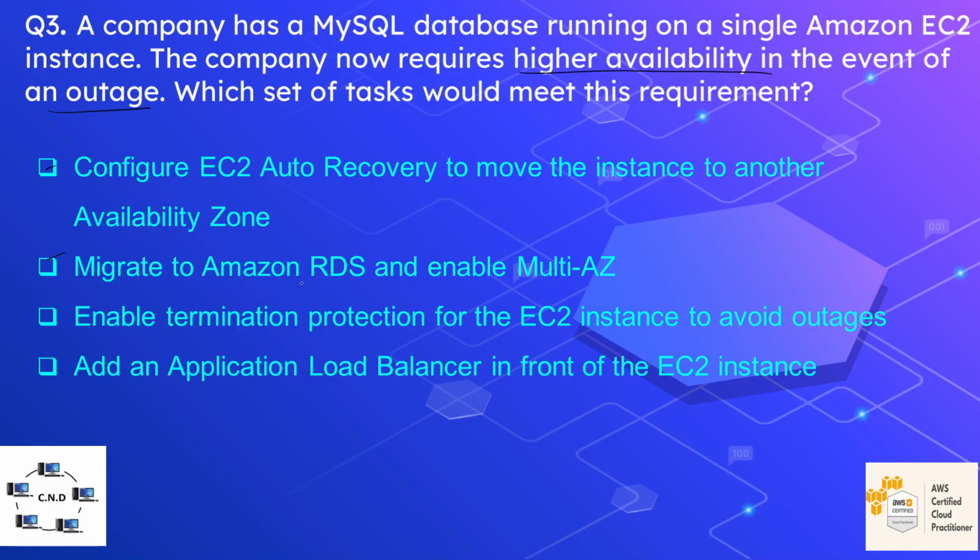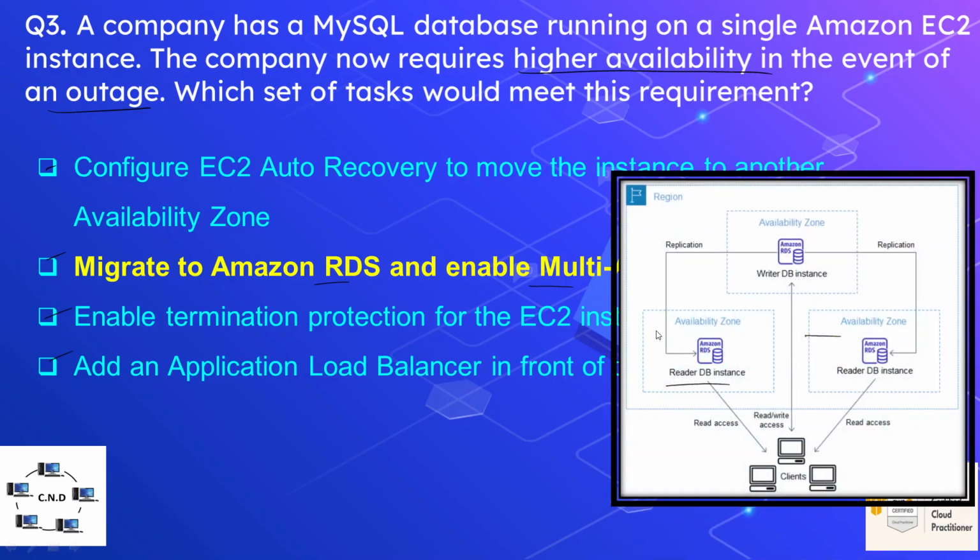Option B, migrate to Amazon RDS and enable multi availability zone. Option C, enable termination protection for the EC2 instance to avoid outages. And option D, add an application load balancer in front of the EC2 instance. The correct option is migrate to Amazon RDS and enable multi-availability zone.